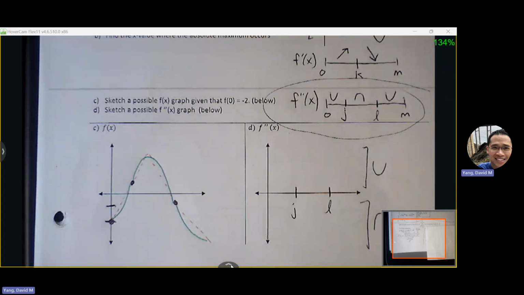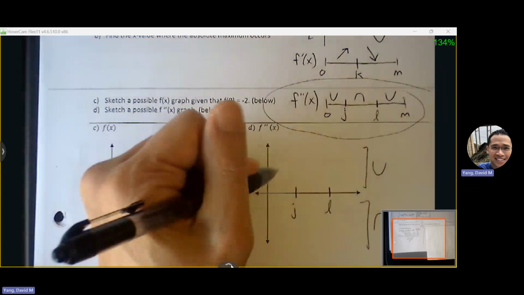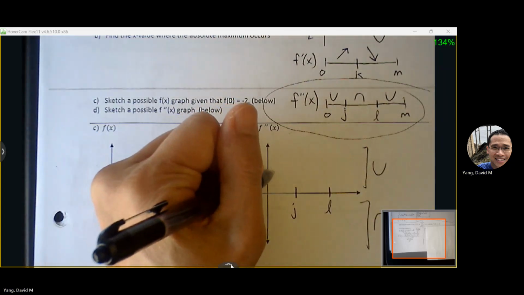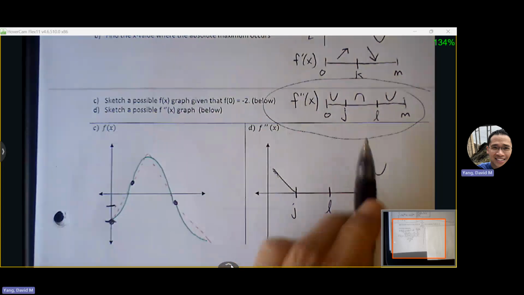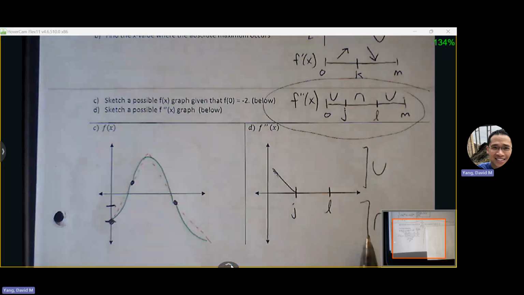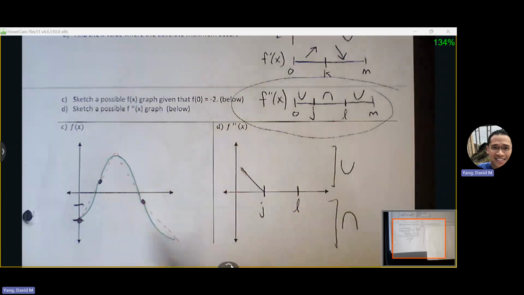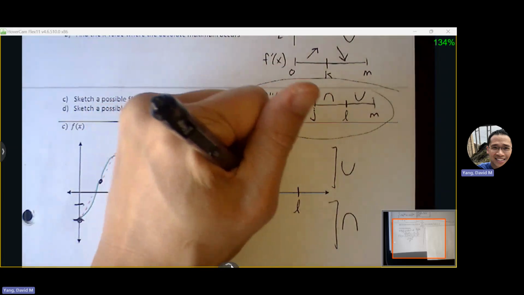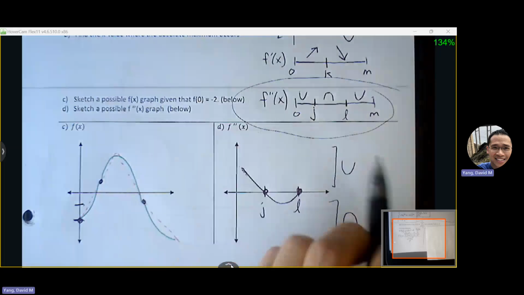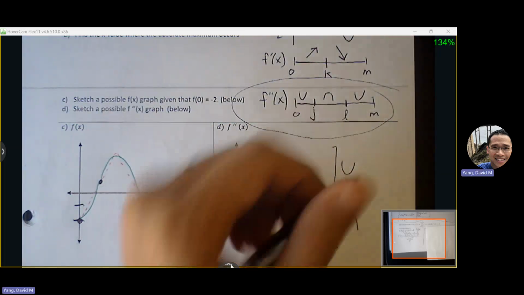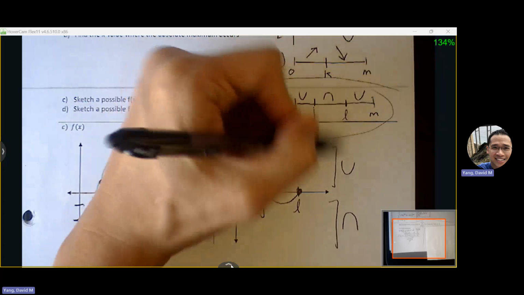Concave up means you start above. And then between J and L, we're going to have to step below since it's concave down, but it's going to have to come back up again. And then after L, it's going to go back up. It's going to be in the concave up region.